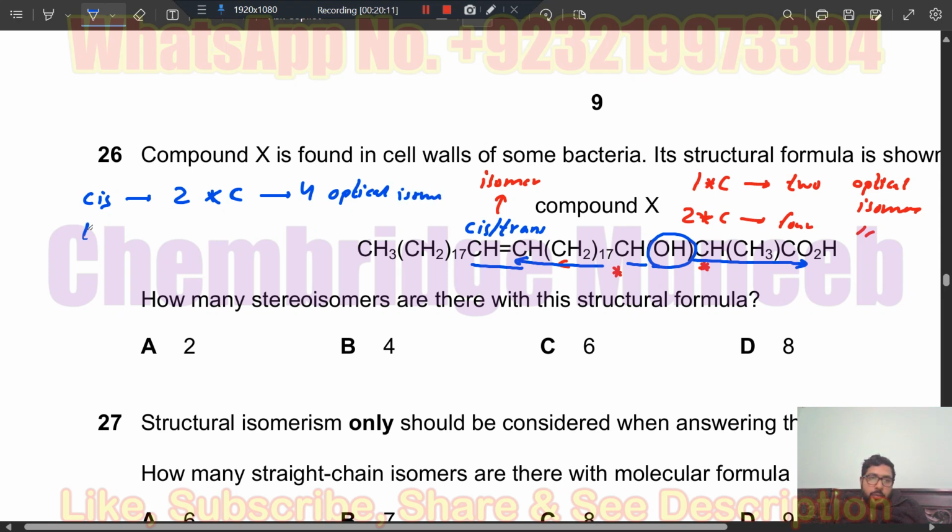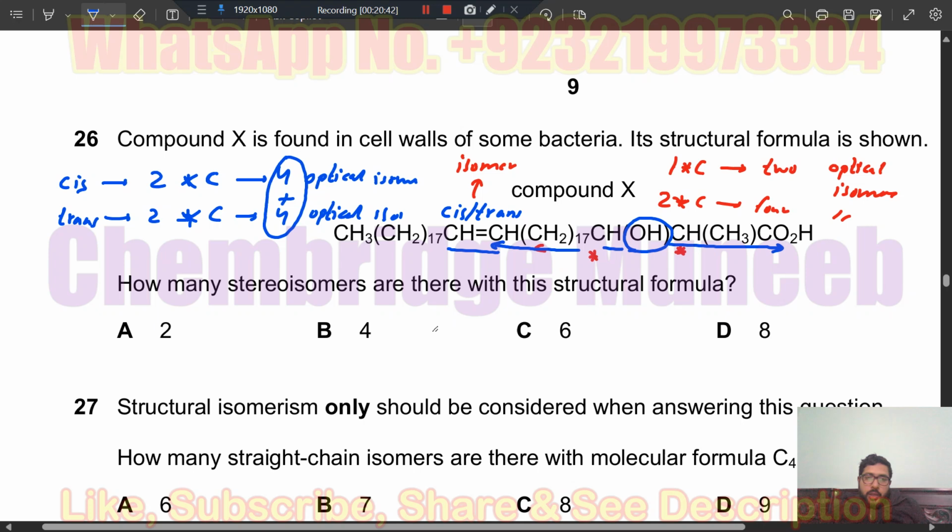And then the trans isomer of this molecule will again have two asymmetric carbons. These asterisks represent the asymmetric carbon. So again we have 4 optical isomers. So in total we have 4 plus 4 isomers of this compound. The first 4 come from the cis form and the other 4 from the trans form.